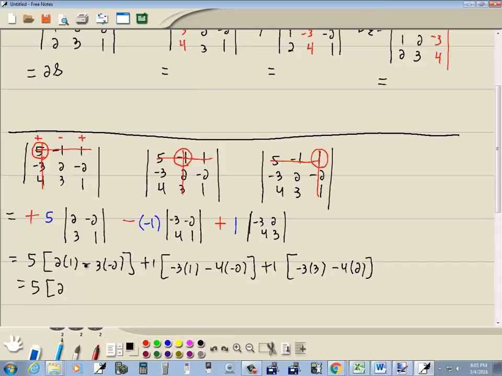So that gives us 2. Negative 3 times negative 2 is 6. Negative 3 times 1 is negative 3. Negative 4 times negative 2 is 8. Negative 3 times 3 is negative 9. Negative 4 times 2 is negative 8.